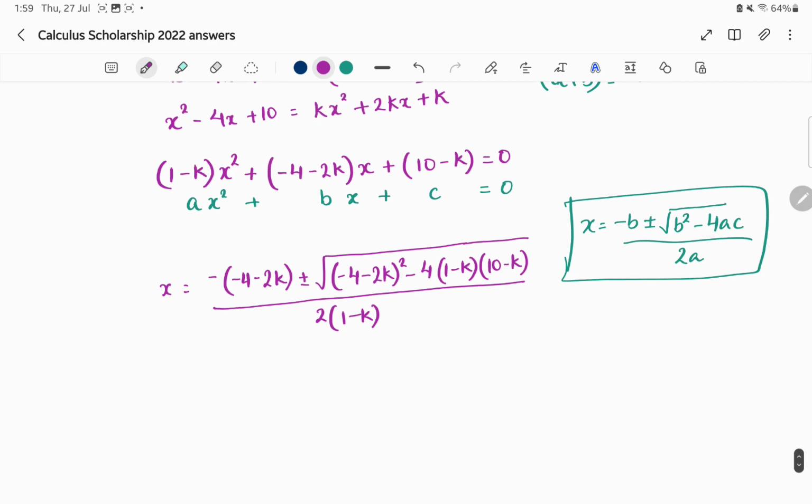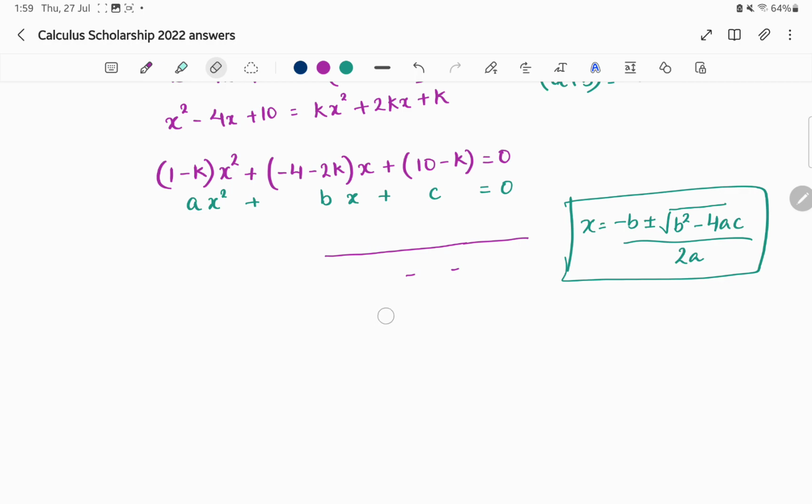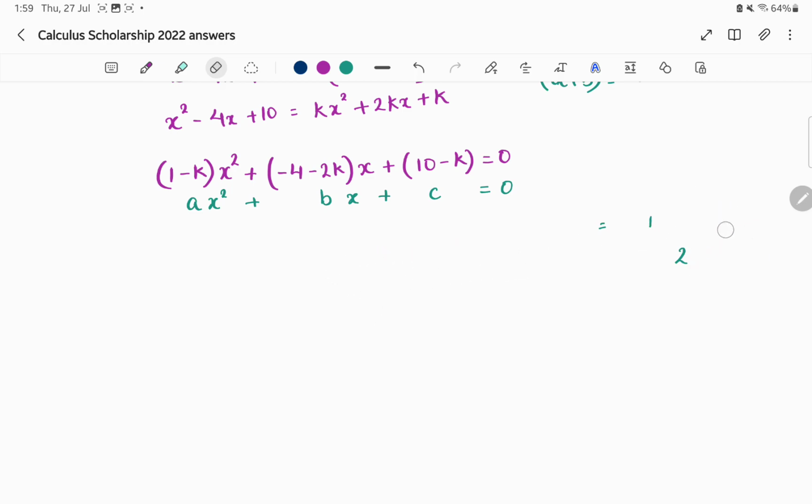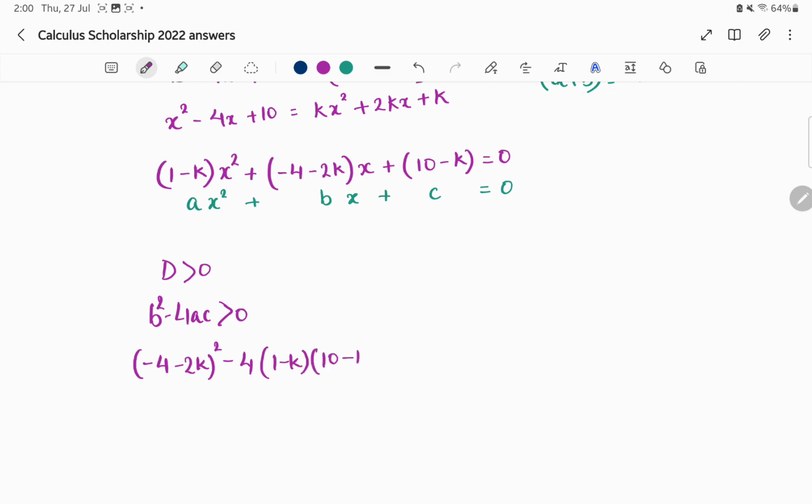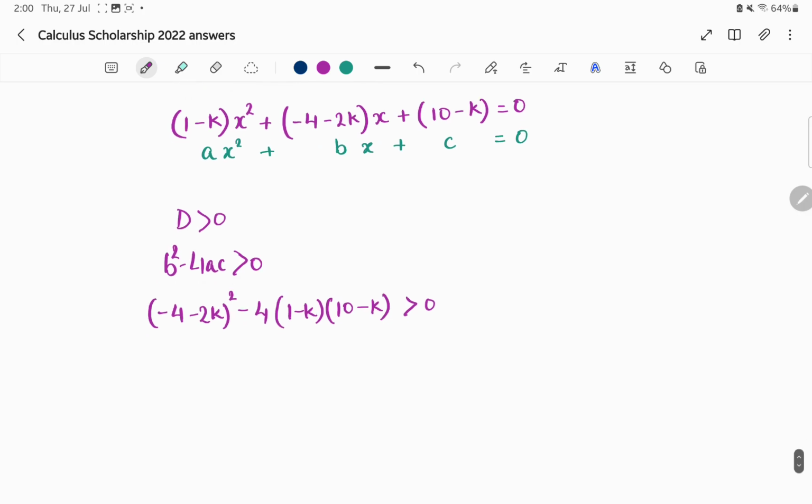Oh, we didn't have to do this because we just had to prove the discriminant is greater than 0. Sorry, so let's delete that. Because they have given that the roots are real, we just have to prove that the discriminant is greater than 0. So we have to do b squared minus 4ac greater than 0. So b squared will be (minus 4 minus 2k) whole squared minus 4a and c, greater than 0.